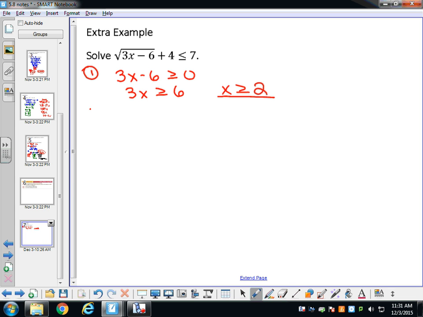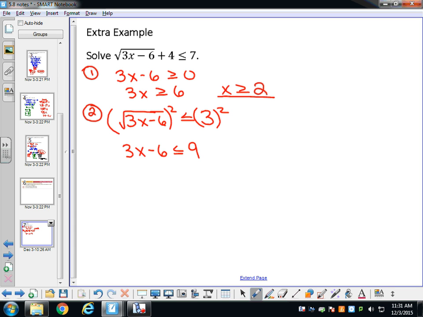Second, I will solve my inequality like normal. So the square root of 3x minus 6 less than or equal to 3. Square both sides. I get 3x minus 6 is less than or equal to 9. 3x is less than or equal to 3.